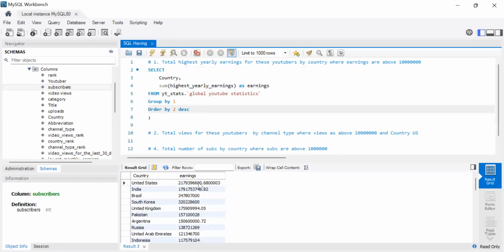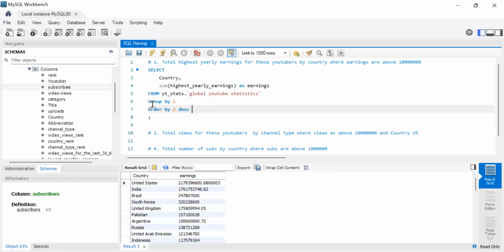As you can see, there's the United States, which has, how many billions is that? 2 billion. Yes, that's 2 billion. Now, a country like Finland or China or Morocco should not appear here.